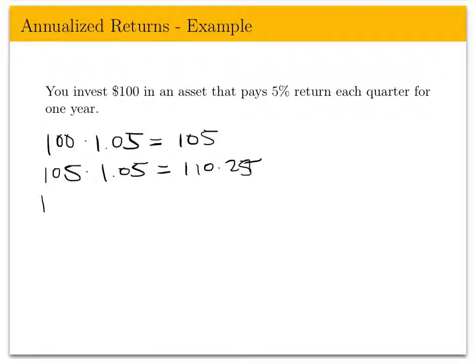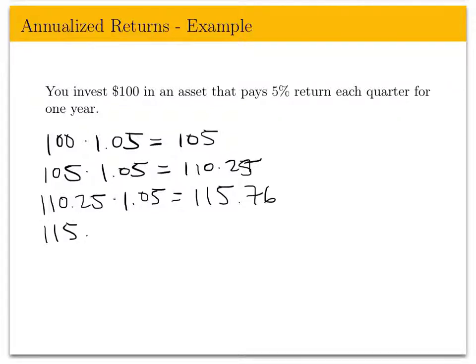And investing that, the original 100 and the earnings that you've gotten for the first half year, for 1 more quarter, you would end up with $115.76. And then once again, investing all that money for the last quarter, you would finally end up with $121.55.